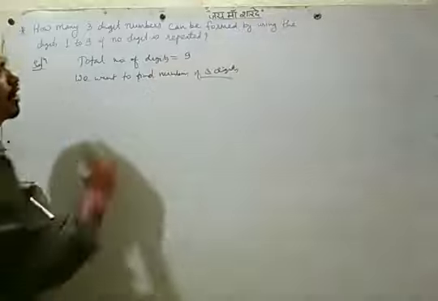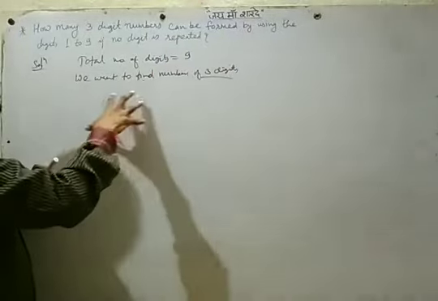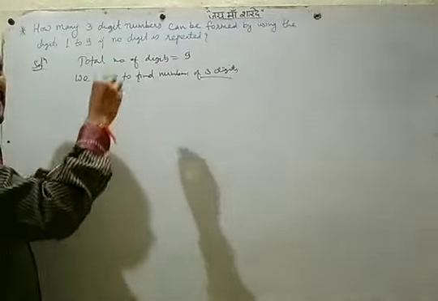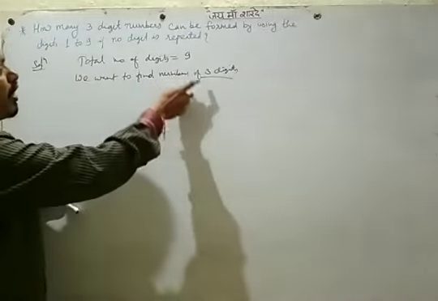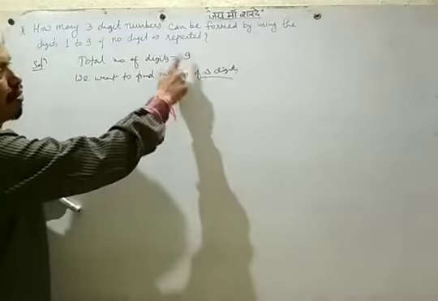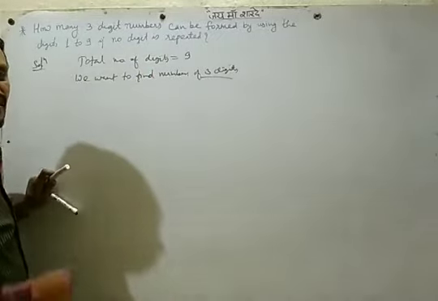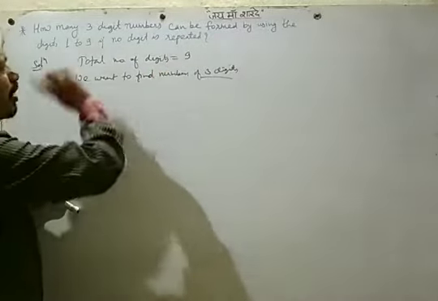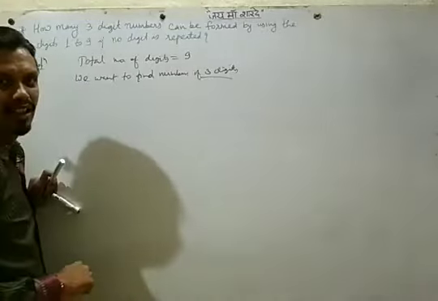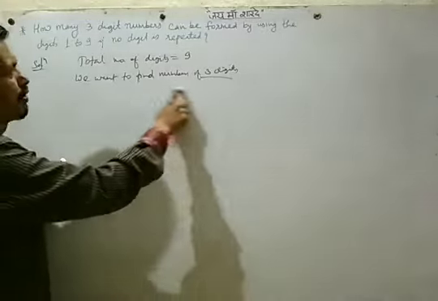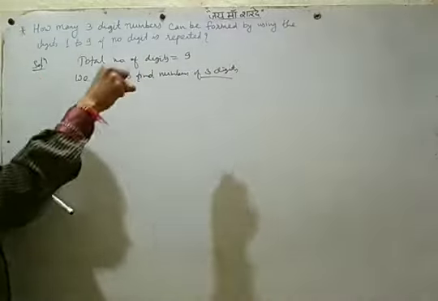Okay. So the total number of 3-digit numbers will be the same as the total number of permutations taken 3 at a time from 9 objects. Now we have 9 different objects, 1 to 9, all different, and we want to take only 3. Now we want to make numbers of 3 digits, so we want to take only 3 objects.